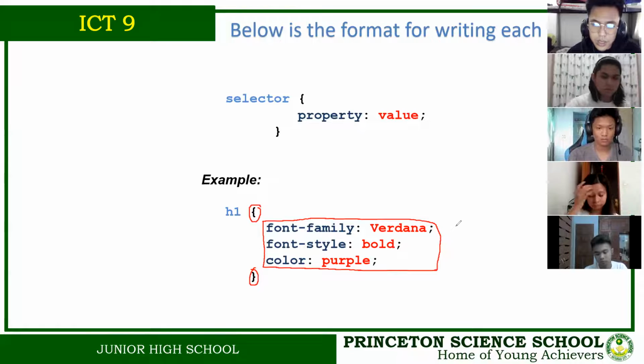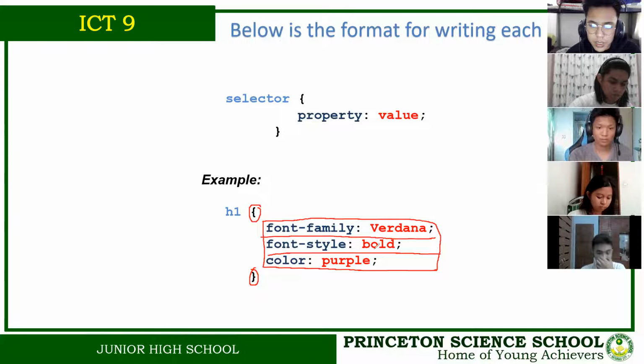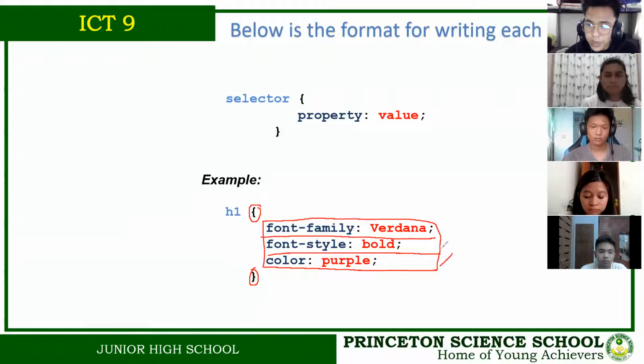Declarations are these parts here. In this example, we have 3 declarations. First declaration is the font family, Verdana. Second declaration is font style bold and color purple. So that is our declaration examples. We have 3 declarations, and this group of declarations is called a declaration block.